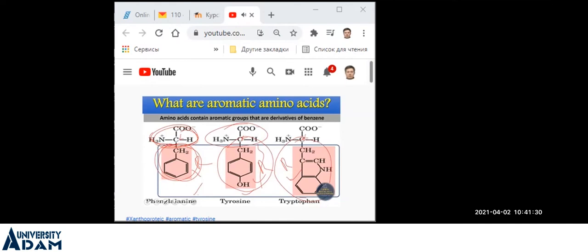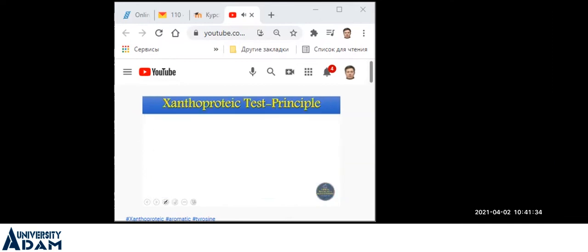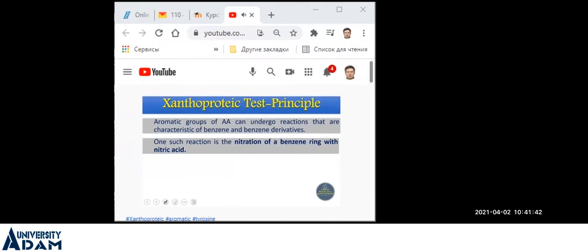Because these three amino acids have an R group that is a benzene ring, the properties shown by these amino acids are the same properties shown by benzene derivatives. One of the most important chemical reactions shown by the benzene ring is nitration. Nitration means addition of NO2 into the benzene ring.